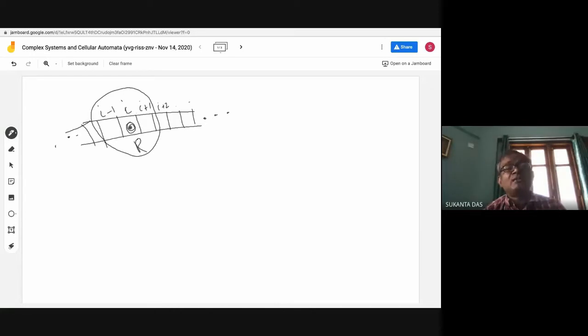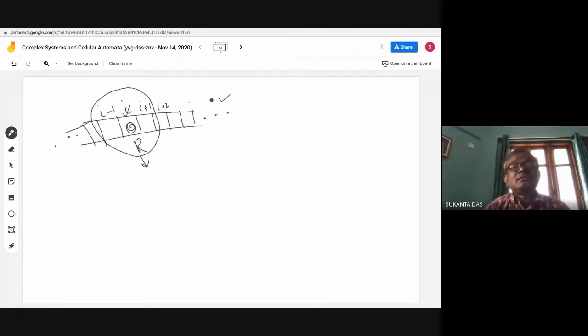This cell says its neighbor state, right? Based on that, R finds its next state. It goes to the next one. Now what is happening here? For example, R doesn't know this one, right? So this is called locality.